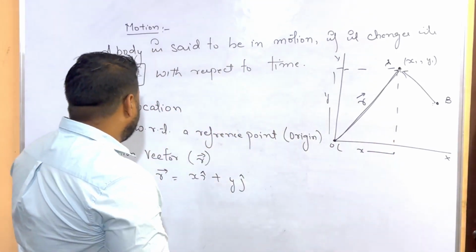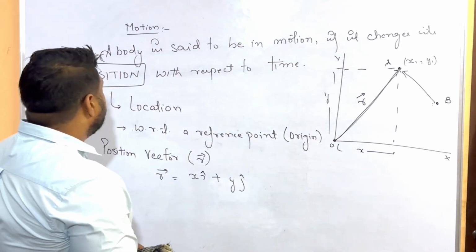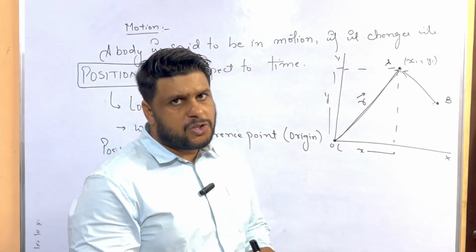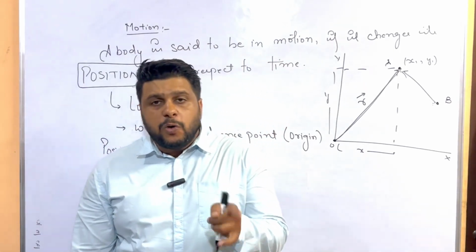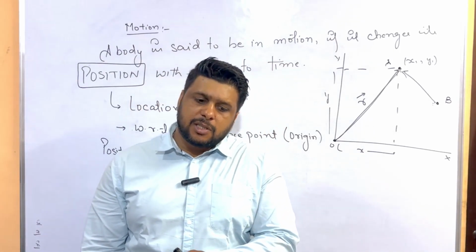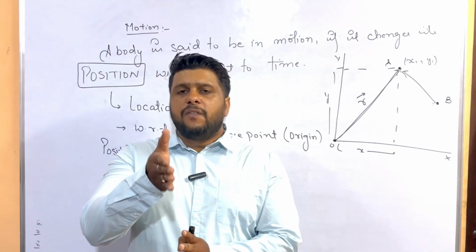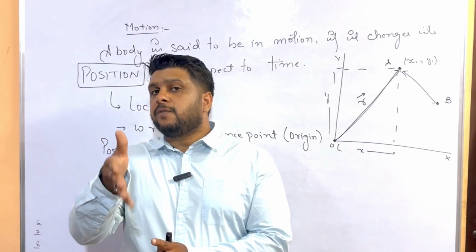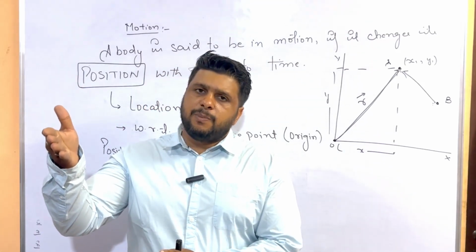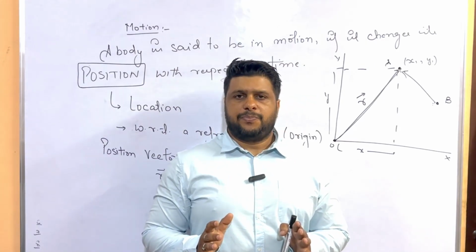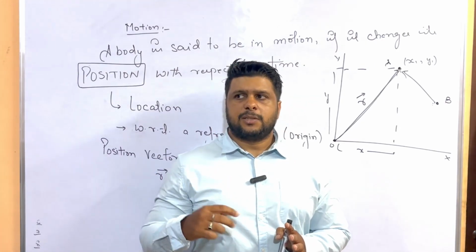Okay. Now we are done with motion. In motion we have studied that we need to know about the position, and how we define position, that also we have discussed. In order to define that a body is in motion, we need to know whether it is moving with respect to time, or we can say with respect to a reference point. Let's say I'm standing still, my position is not changing.